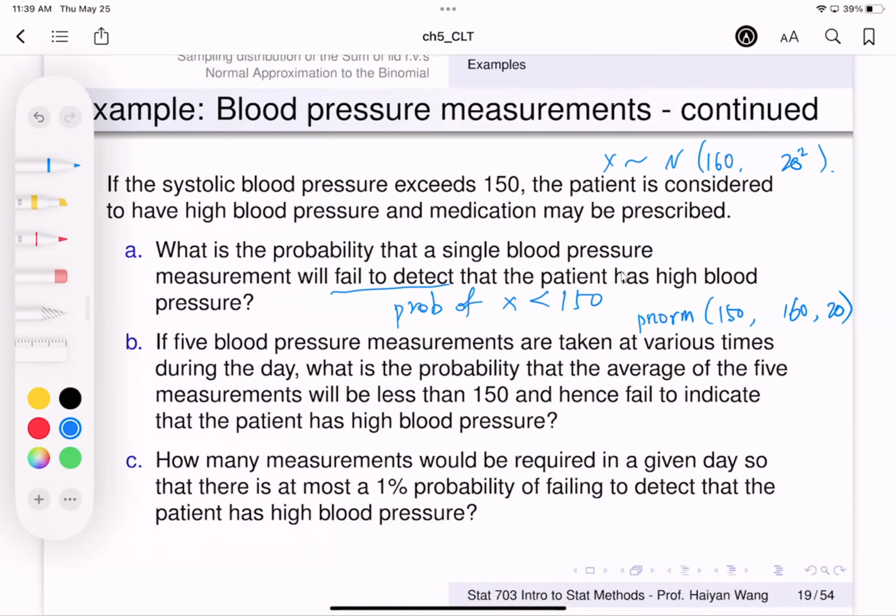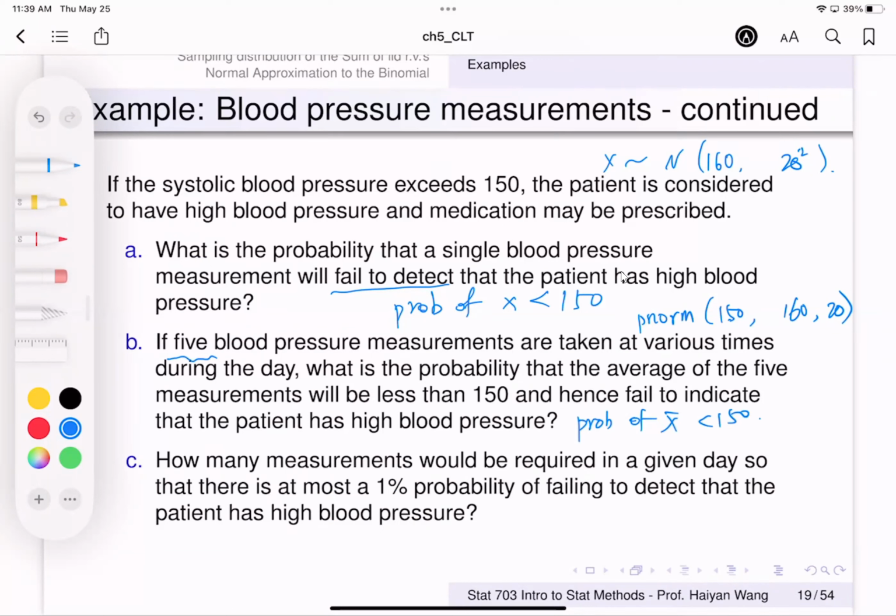The next one here: 5 blood pressure measurements are taken at various times. What's the probability that the average of the 5 will be less than 150? For this one, we're looking at the average of the measurements, and again we want X bar less than 150.